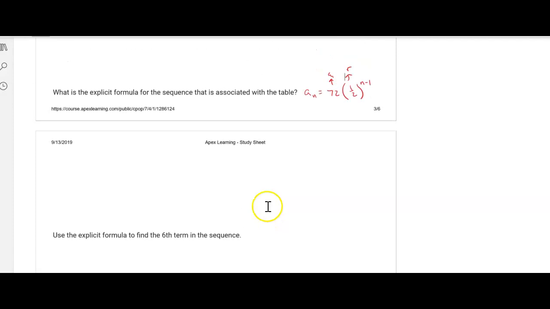If we had to use the explicit formula to find the value of the 6th term in the sequence, we would say a sub 6 equals 72 times 1/2 to the 6 minus 1. And when you evaluate that in the calculator, what does it end up being? You would get 2.25.